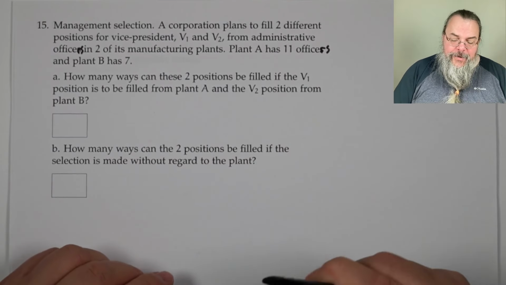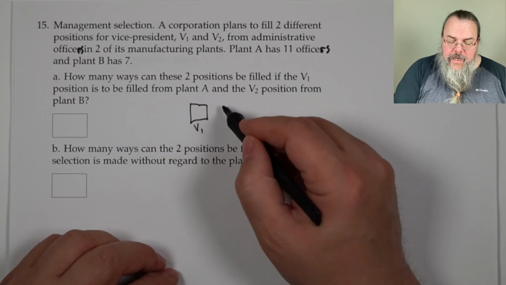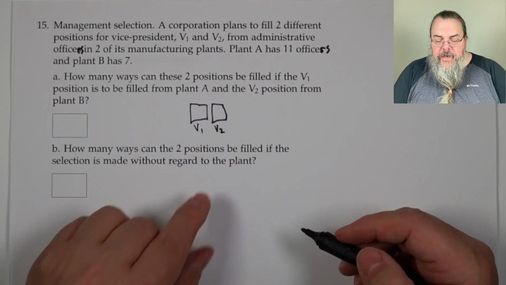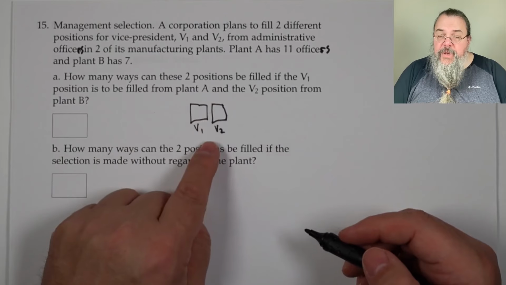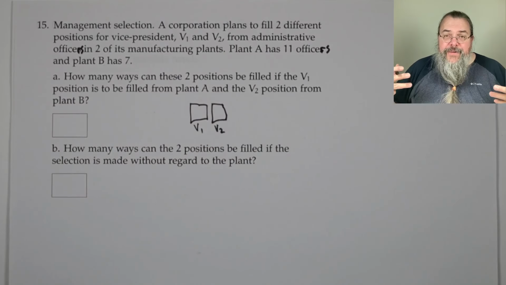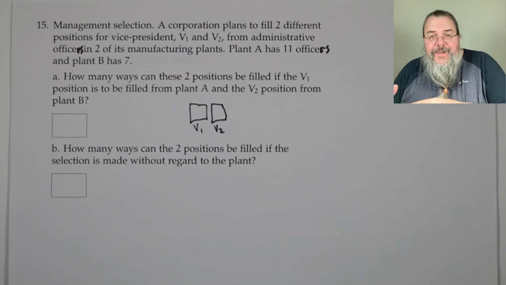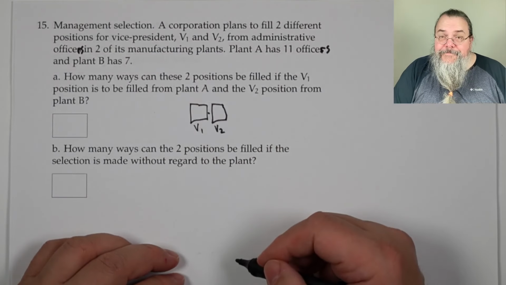Okay. Well, we have the V1 and we have V2. Now, they're going to be somewhat independent, right? Because V1 is coming from A and V2 is coming from B. So what happens is we say, do this and do that, and you multiply.